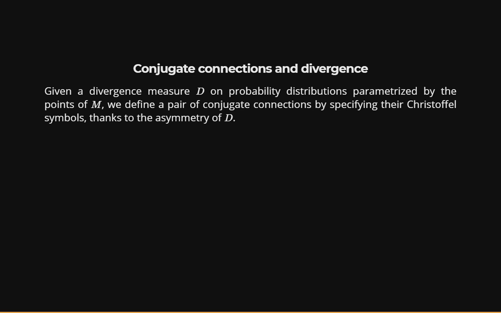Now, you can define conjugate connections by specifying their Christoffel symbols, so how much they differ from the partial derivatives with respect to coordinates, employing the asymmetry of the divergence you want to use.